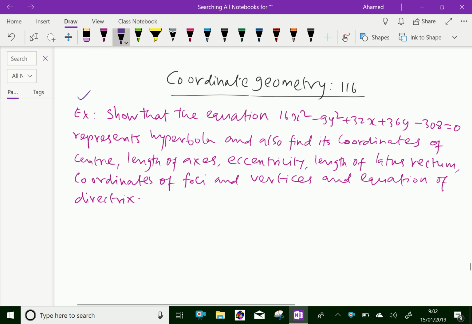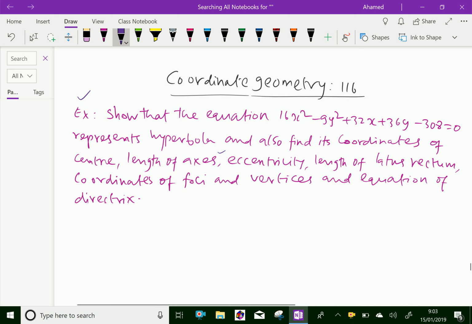Now, in coordinate geometry regarding hyperbola, let us do an example problem. Show that the equation 16x square minus 9y square plus 32x plus 36y minus 308 equals 0 represents a hyperbola, and also find its coordinates of center, length of axes, eccentricity, length of latus rectum, coordinates of foci and vertices, and equation of directrix.